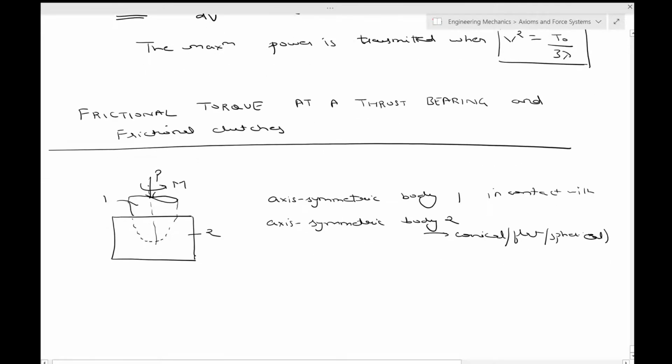Now understand what P and M shown over here exactly mean.